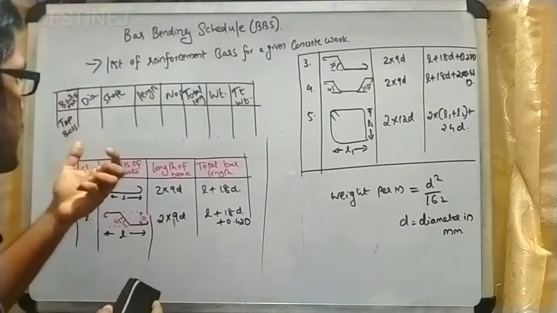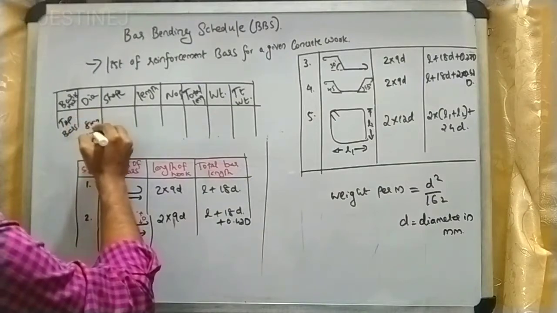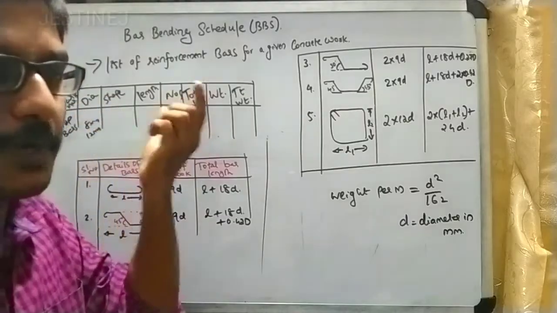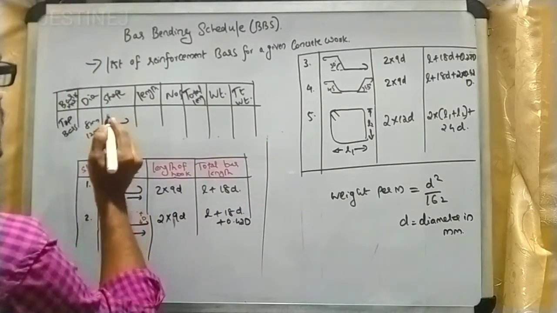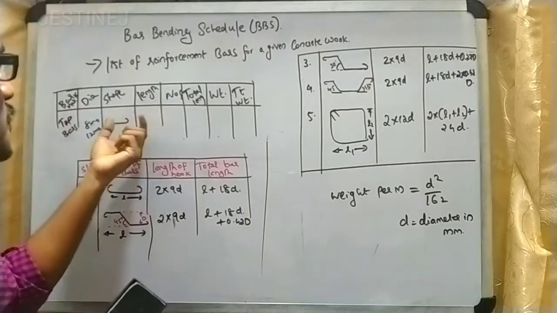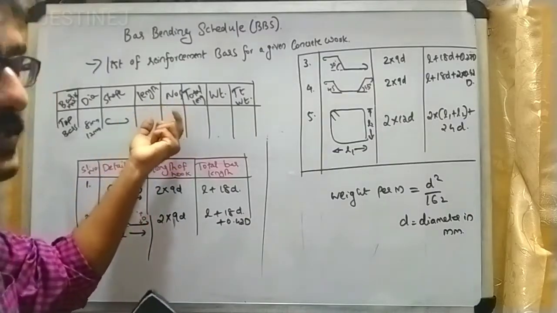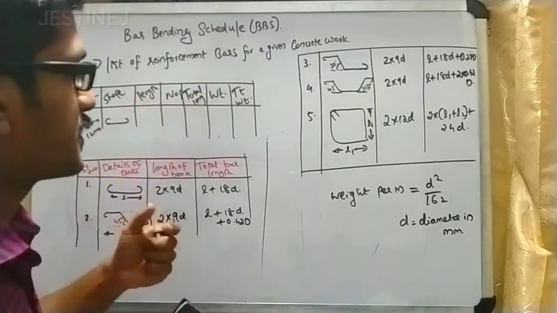The diameter will also vary accordingly, sometimes 8 mm, sometimes 12 mm. Then you have to give the shape of that particular arrangement, sometimes a straight bar with two hooks in this format. The length of that bar is to be calculated. Then the number of bars in this format, that means the top bars, then total length.